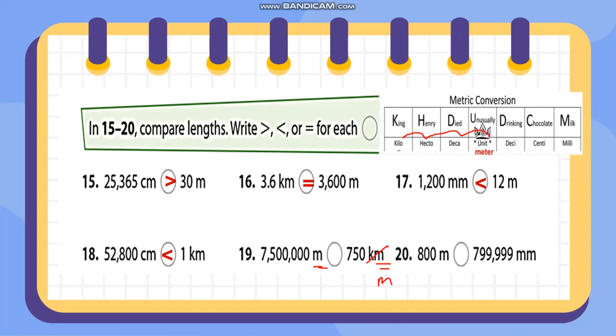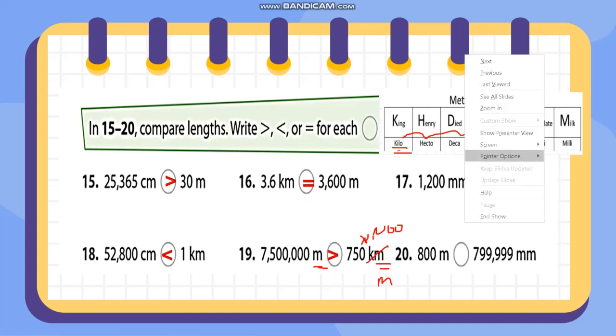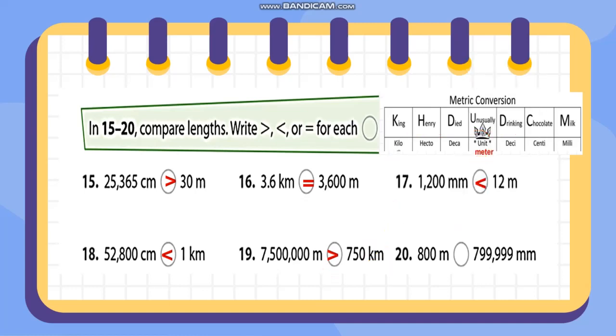That is multiplied because from bigger unit to smaller unit. So it means multiply by 1,000. So 750 multiplied by 1,000 is 750,000 compared to 7.5 million. Of course, 7.5 million is bigger.